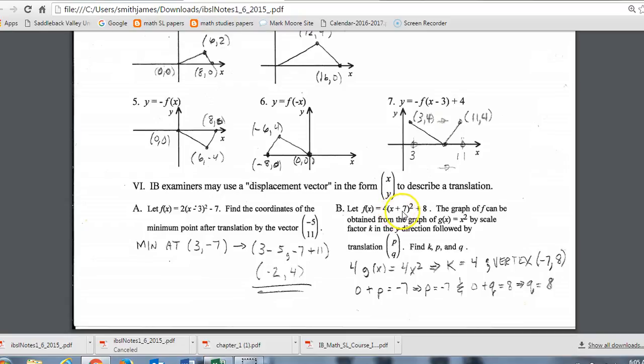Here's the p value. And remember, if that's a +7, we would see the p-value as -7. And then here's the q value, or the y transformation. So if that was +8, then q would be +8. And so we're just identifying what those three values are as we see them within that setup right there.